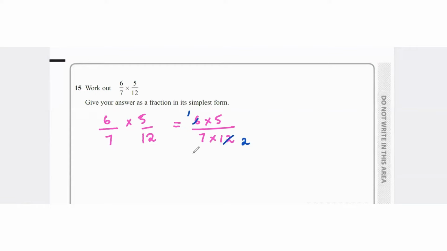So now we have 1 times 5 over 7 times 2. Since 5, 7 and 2 don't come in the same times table, except for the 1 times table, we multiply 1 with 5, that's 5, and 7 with 2, which is 14. This is your fraction in its simplest form. We cannot simplify this further.